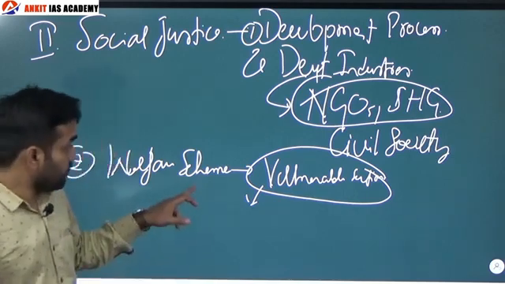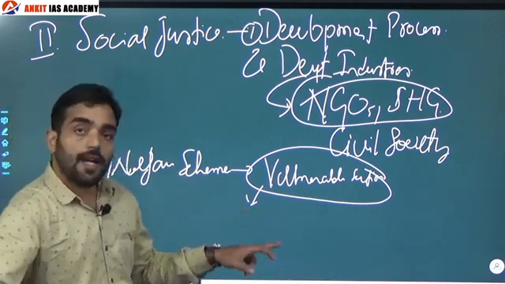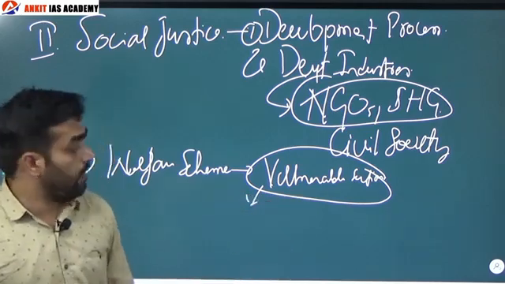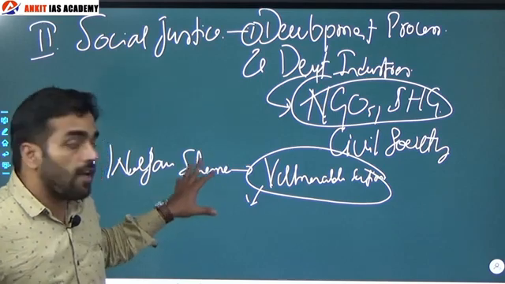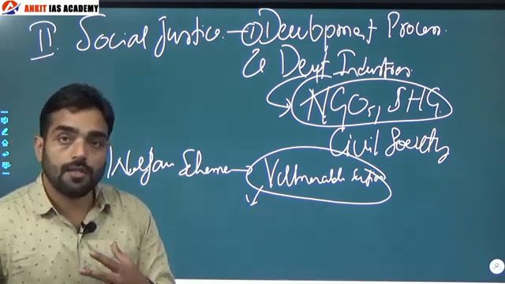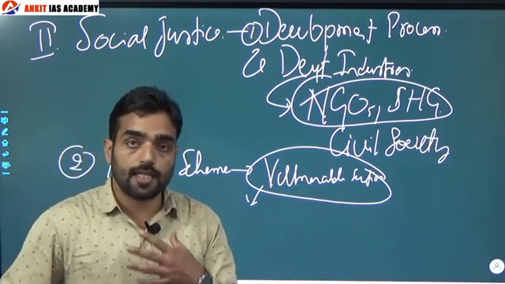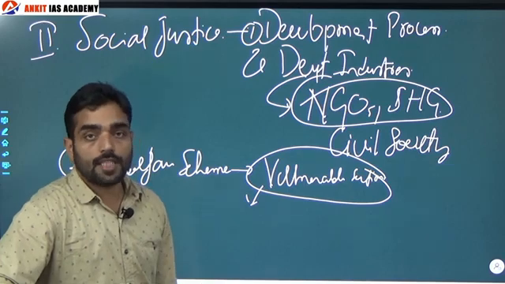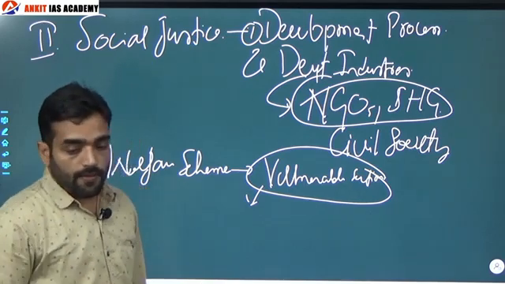So you will come to understand about the welfare in the vulnerable section. You will understand about welfare schemes related to them and the constitutional or statutory bodies that are there to look after the welfare of the vulnerable section of the country. Fine.